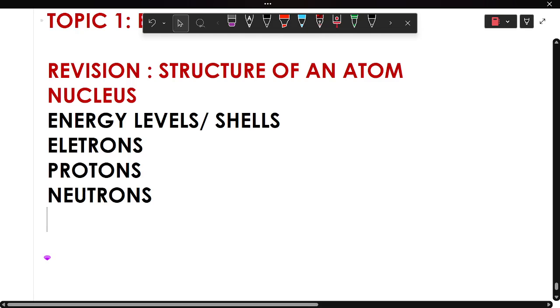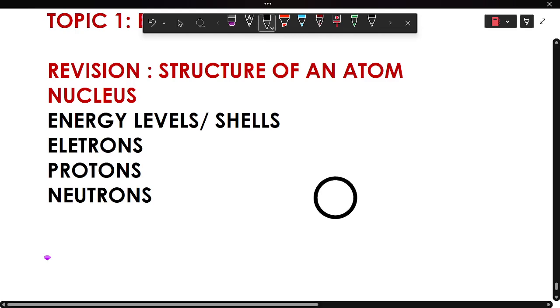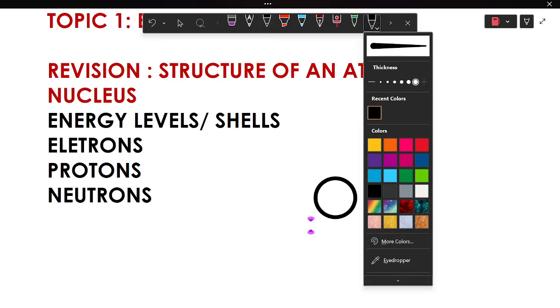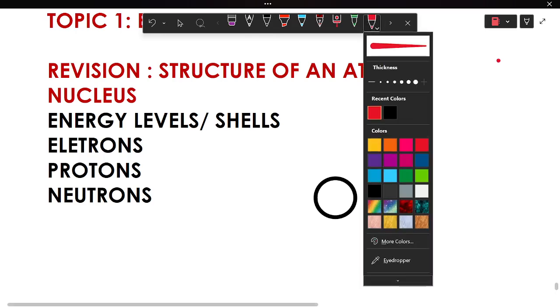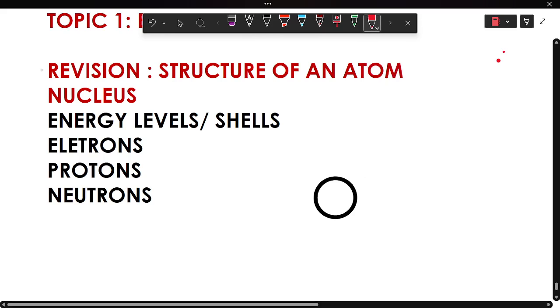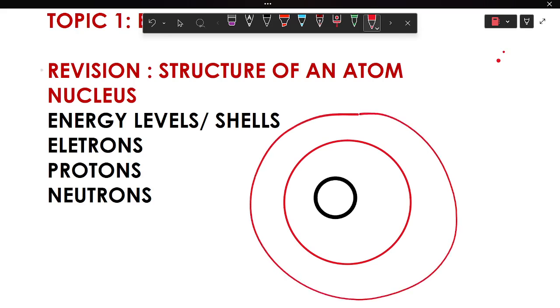So let us just look at an example on the structure of an atom. So normally we have this small one as a nucleus. Then you have a bigger one. We can have so many, as it depends, like this, right?